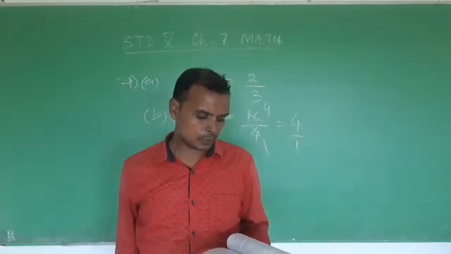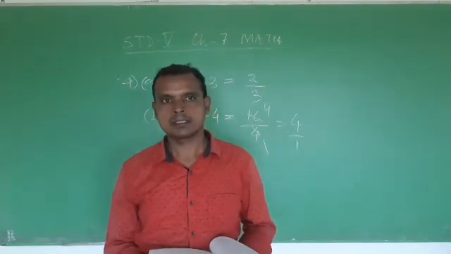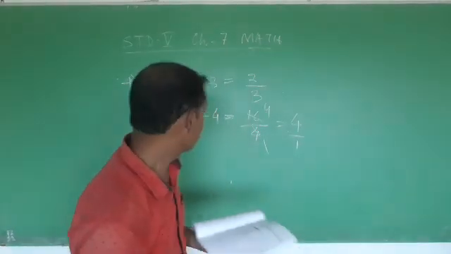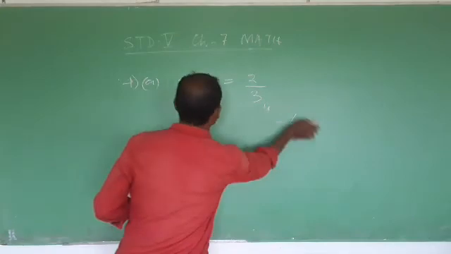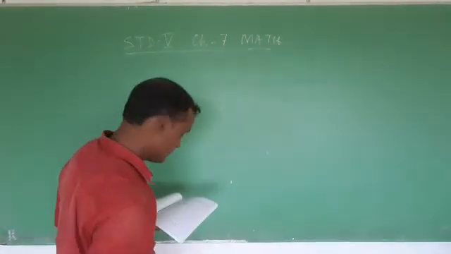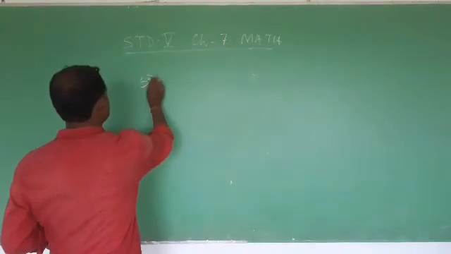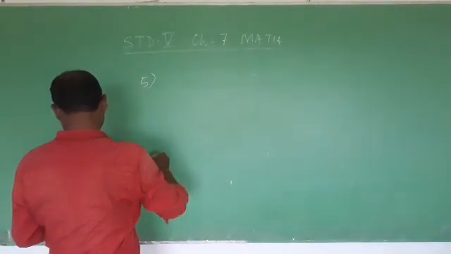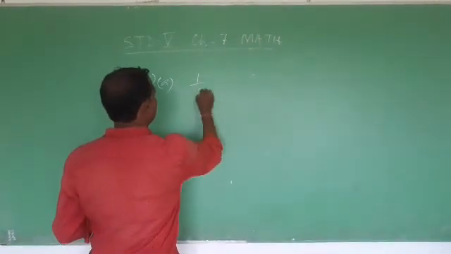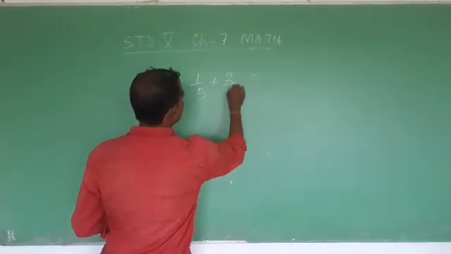Next comes question number 5. Fill in the blanks. Addition of fractions. How will you add fractions? The question is 5 A, 1 by 5 plus 2 by 5.